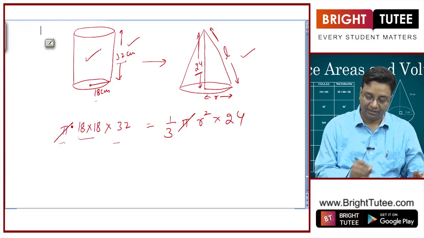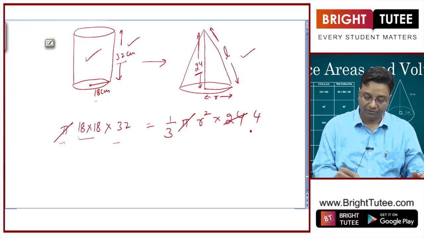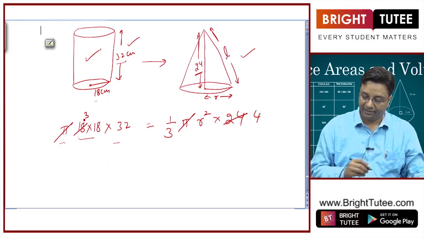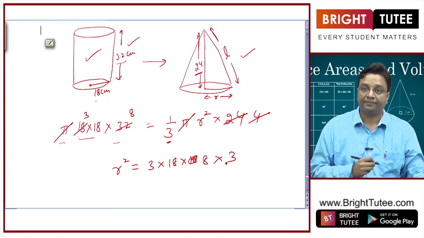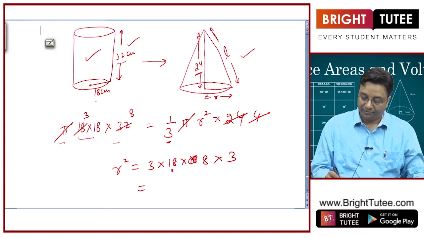So pi can be cancelled. So 6 4s are 24, 6 3s are 18, 4 8s are 32, right. So r square is equal to 3 into 18 into 8 into this 3, right.